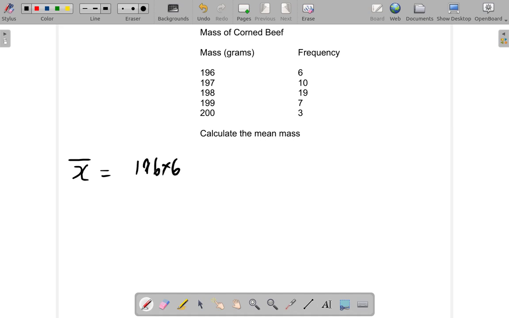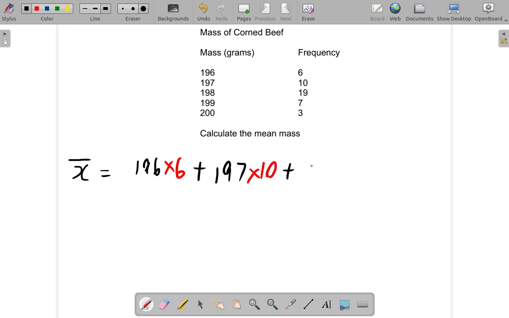196 times 6. Alright? So it's 196 times 6. You see that? Plus 197 times 10. You see that?